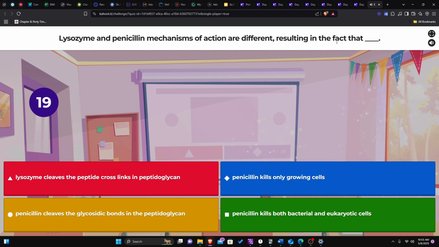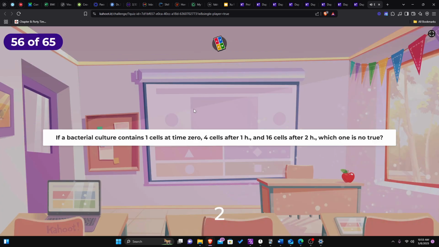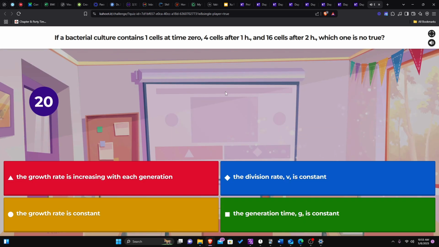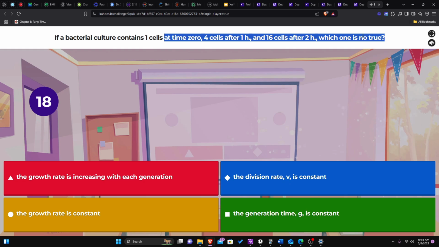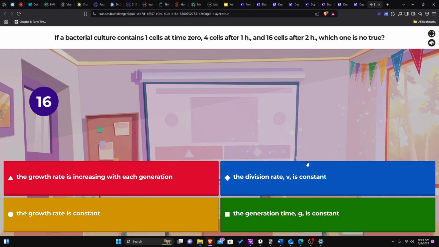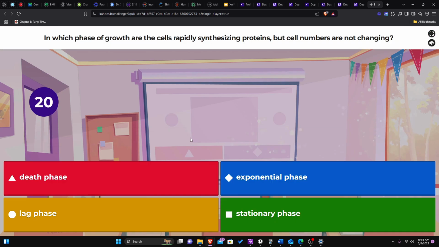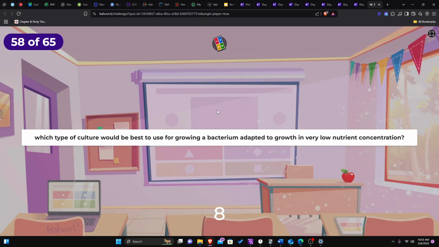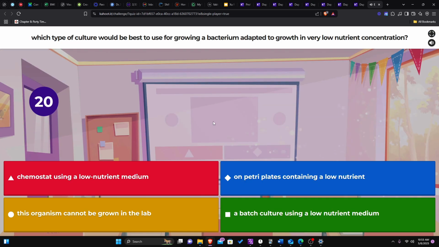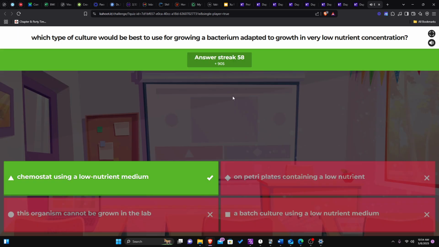So if you do the math, you can see that it's actually pretty constant. So anything with constant is correct. So this one should be... So this is going to be the lag phase. Chemostat.